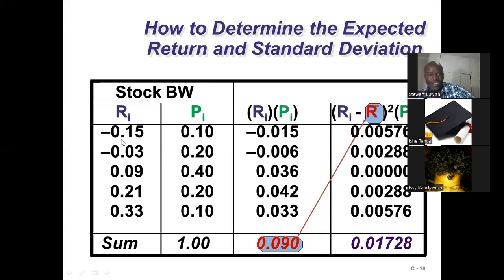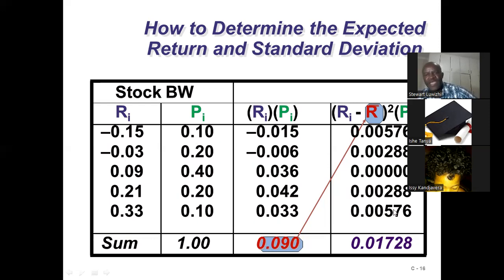For each one of these, we subtract to get these figures. So, minus 0.15 minus 0.090 gave us this, right? Then we squared it. After squaring it, we multiplied by probability. That's what it simply means here.